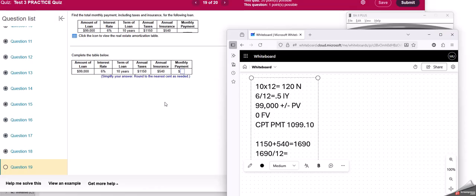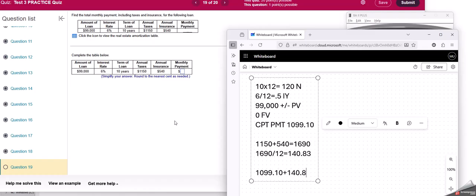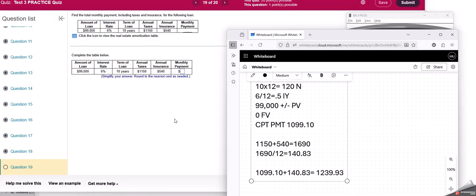We want a monthly average of that. So 140.83. And that will go into escrow. So $1,099.10 plus $140.83. That's going to give us our whole monthly payment. So $1,239.93.